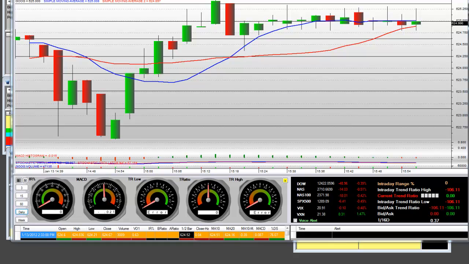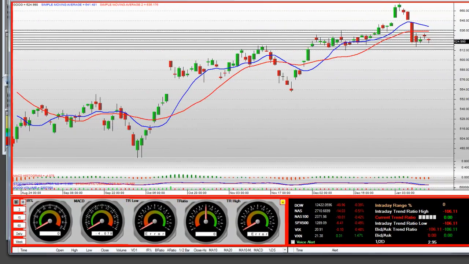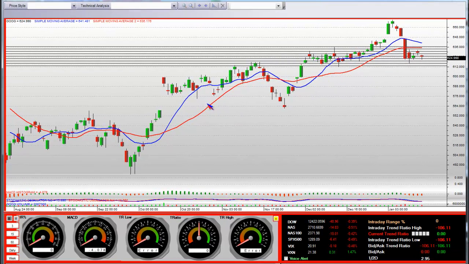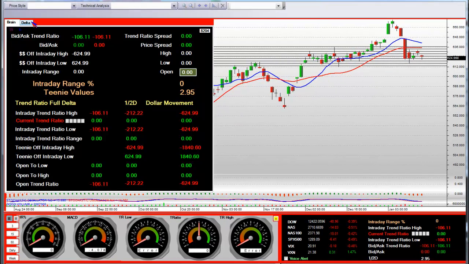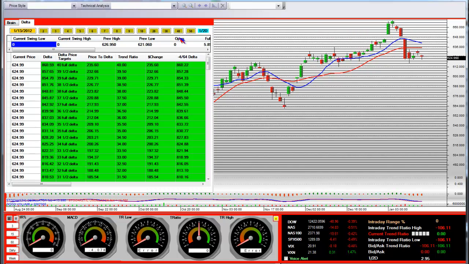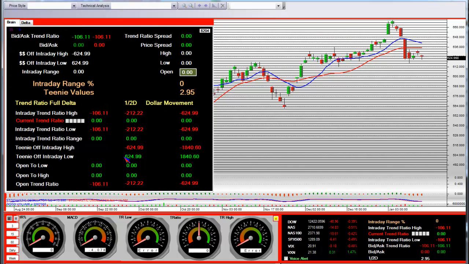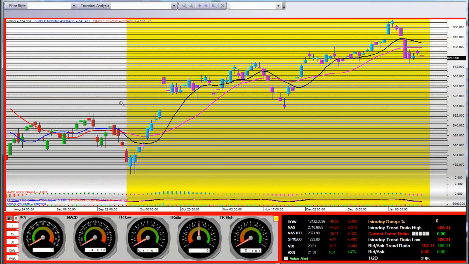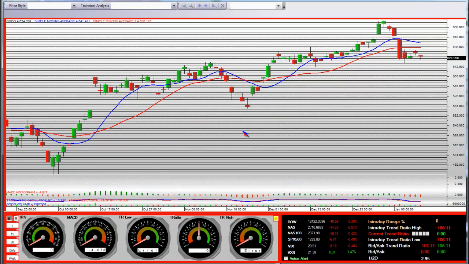Yeah, on a daily. Well, the turnaround in November was actually 2 Keltner bands down. But in August we hit 3 Keltner bands down, in October we had 3 Keltner bands down, and the peak in October was 3 Keltner bands up.